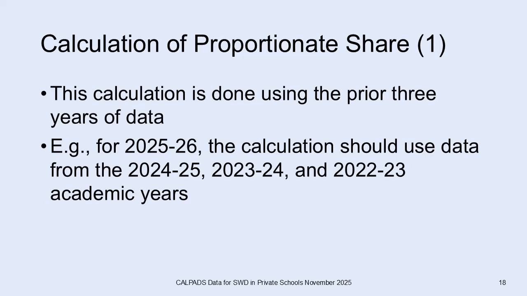This is changing. Now you're going to have to calculate proportionate share using the prior 3 years of data. So this year, in 25-26, you're going to be looking back at the 24-25, 23-24, and 22-23 academic years in order to accurately calculate proportionate share.